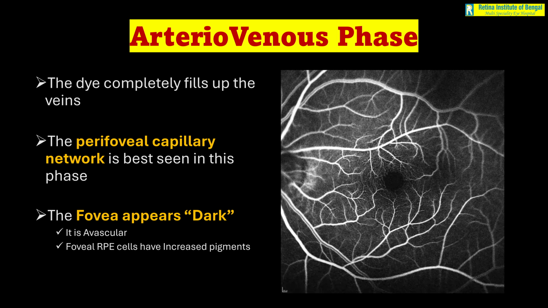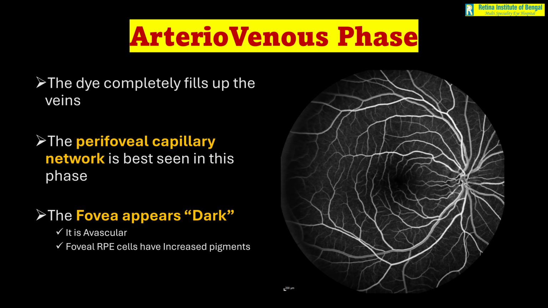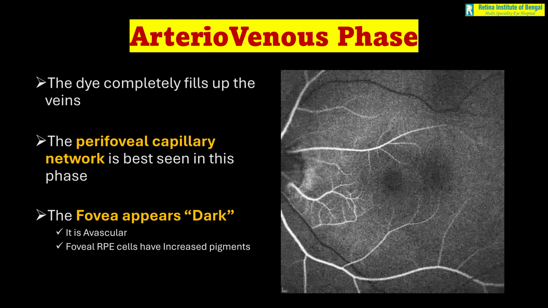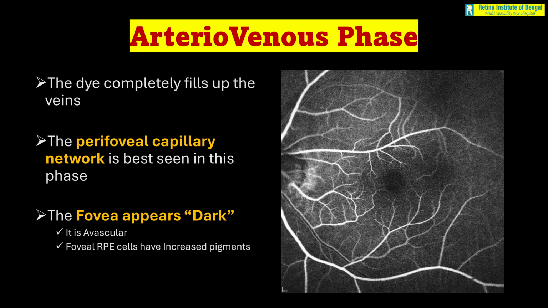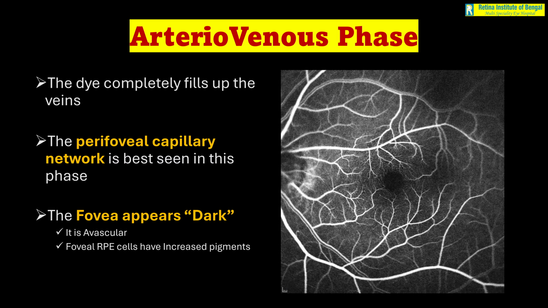So this is also the phase which is best to visualize the perifoveal capillary network. This is a magnified view of the angiography, the 30-degree field, where you can see very well. So I'll just pause the image here. Yes, you can see the perifoveal capillary plexus very beautifully, and this is important to assess the foveal or the macular perfusion status.